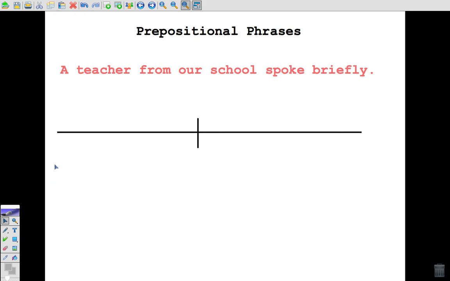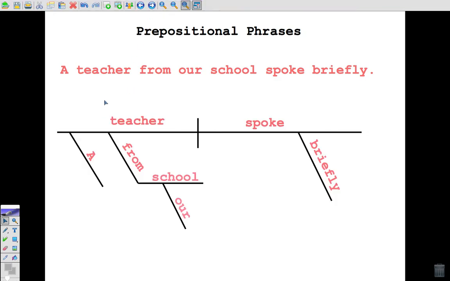So the teacher would go here, and what did the teacher do? The teacher spoke, spoke would go here. So you have two words on the horizontal line, separated. Then we get into where they go. We have a, which is an article describing teacher, and this is how we would put these things. So for a prepositional phrase, the preposition comes off first on a diagonal line. From.